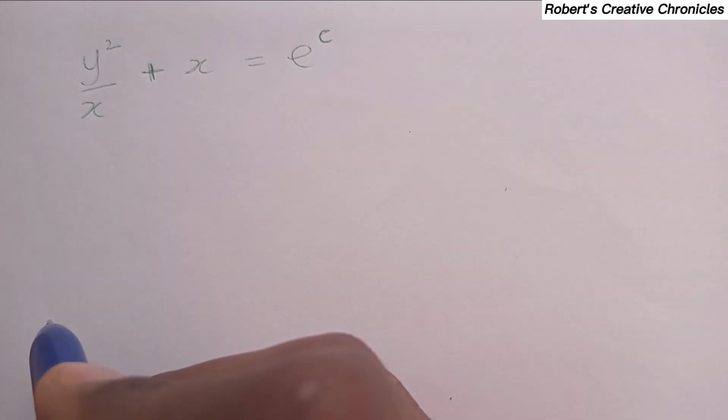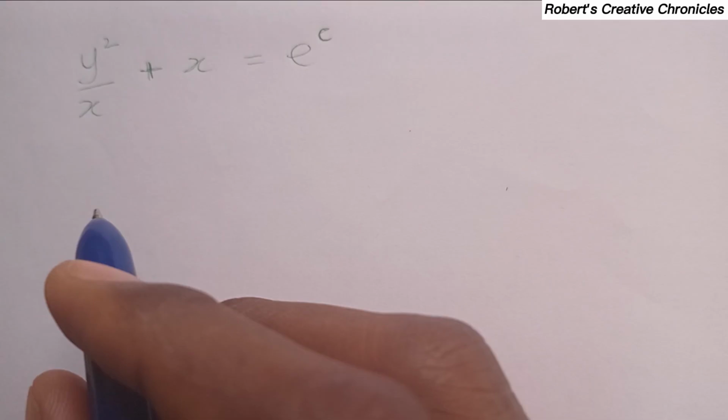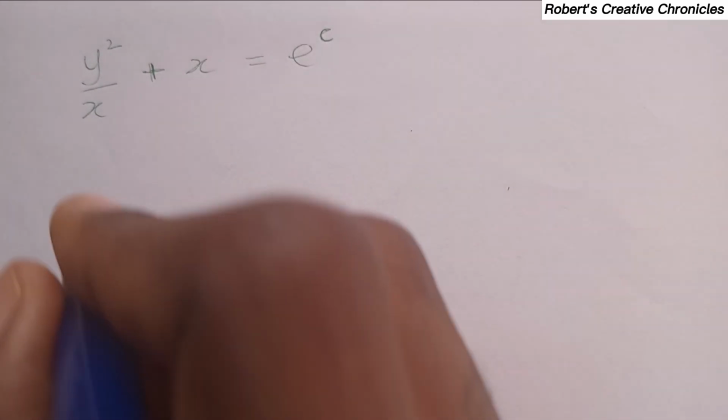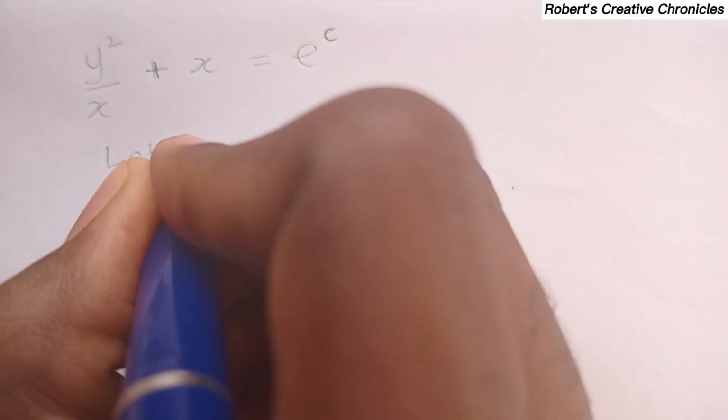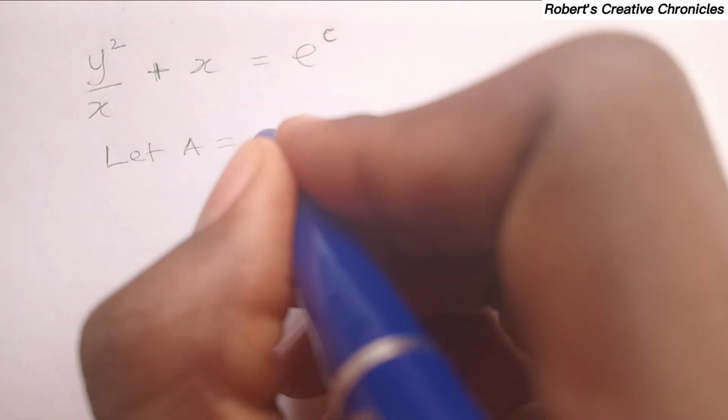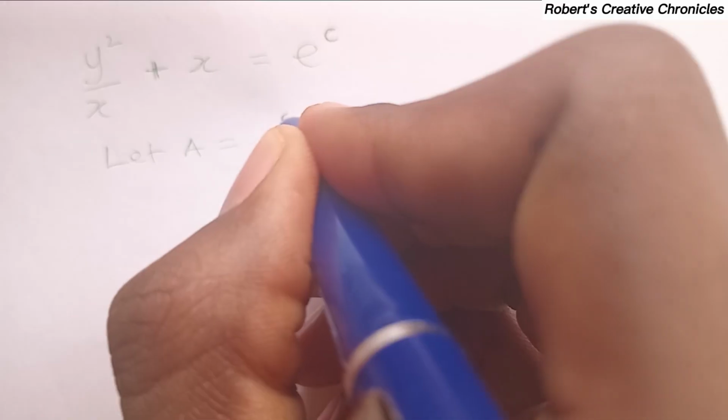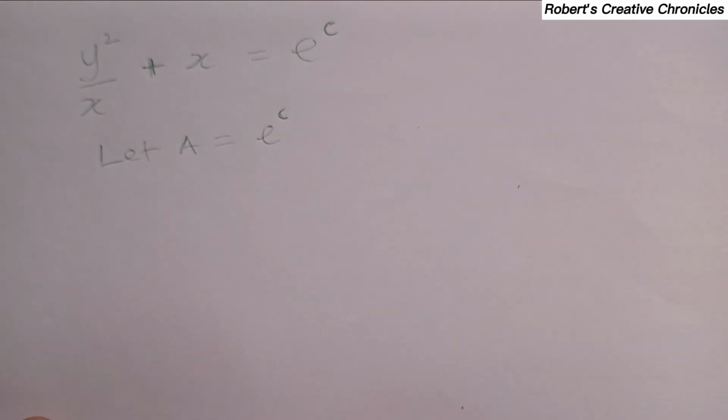So now we are going to equate exponential c to a. So we are going to say let a equal exponential c, or we can take any variable we want.